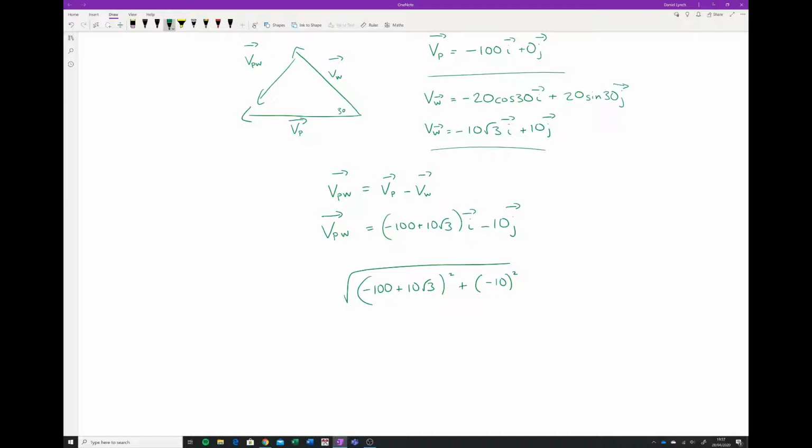Okay, and that for me is coming out to be not a particularly nice number. It's coming out as 83.28. Don't know if it said to however many decimal places, but actually, there's not too much that we can do there. We might be able to write it as minus 100 plus 10 root 3.